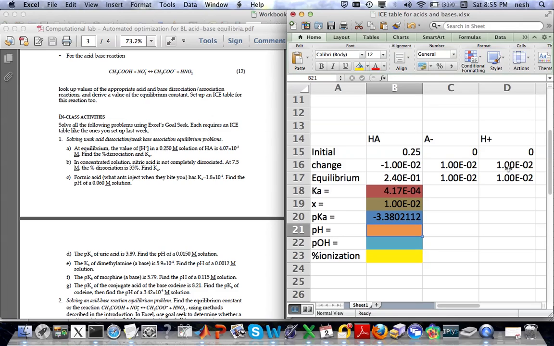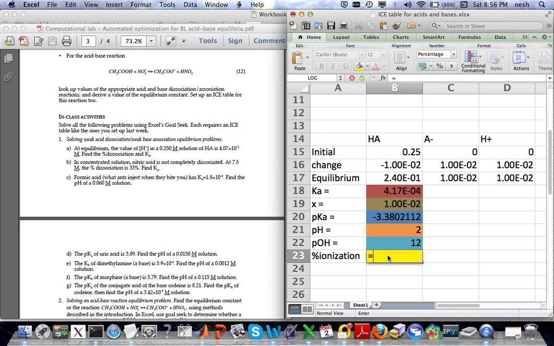pH obviously is going to be related to the H plus. Okay, here we go. I'm going to say the pH is equal to minus the log of that H plus concentration. And the pOH obviously is going to be equal to 14 minus the pH. There we go. And the percent ionization, well, remember percent ionization is how much A minus forms relative to the initial amount of HA, which is in that box.